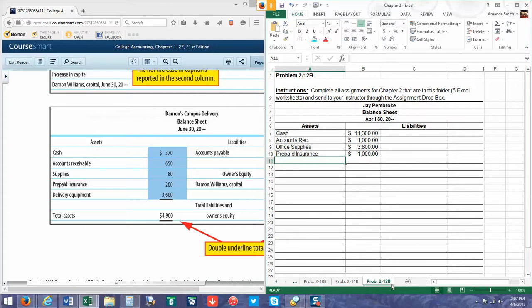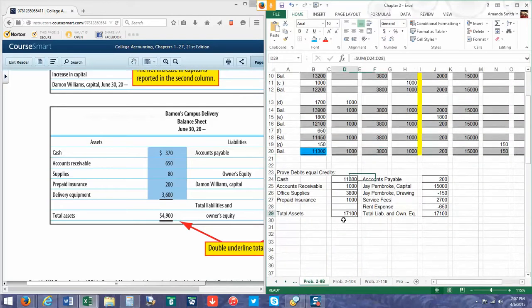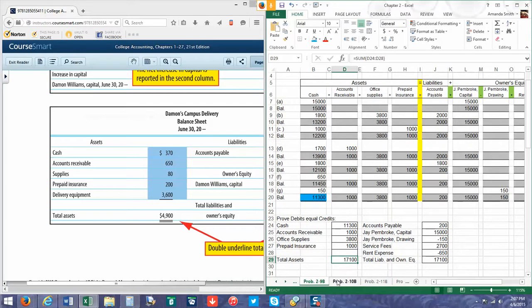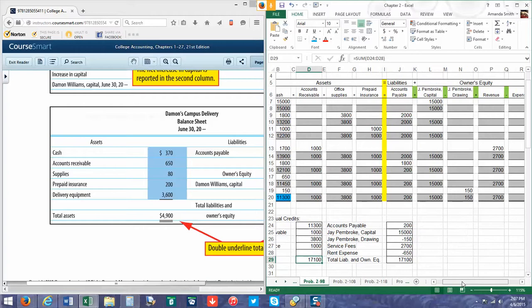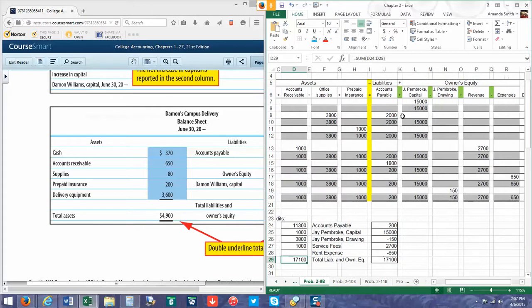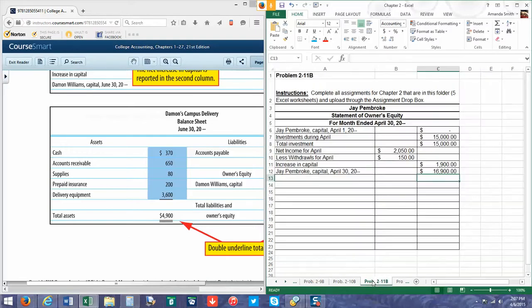Which makes our total asset amount, we're just going to add these amounts up, is our 17,100 that we got on 2-9. Now we're going to complete the liabilities and equity part. The only amounts you're going to use is your accounts payable amount and then your capital amount from 2-11.